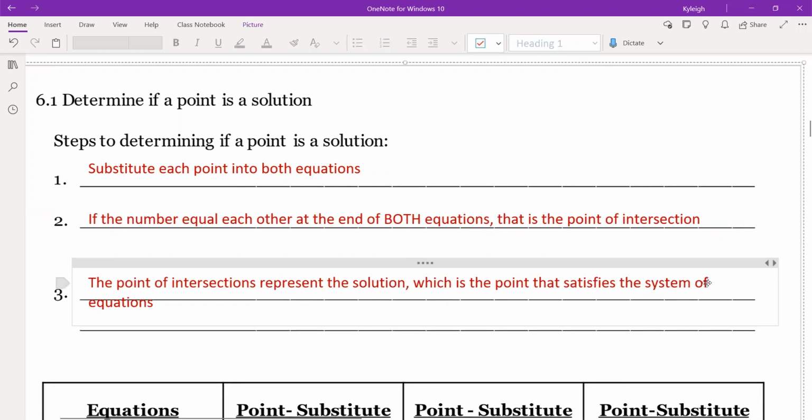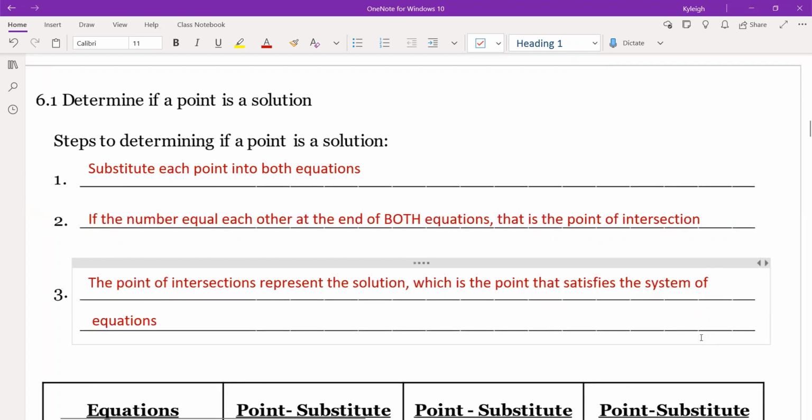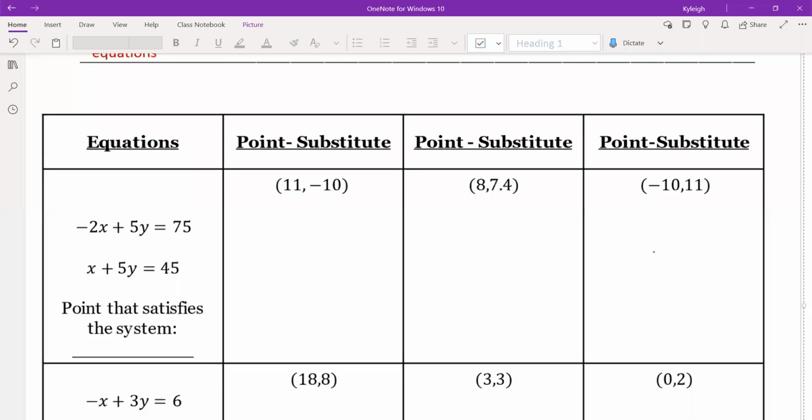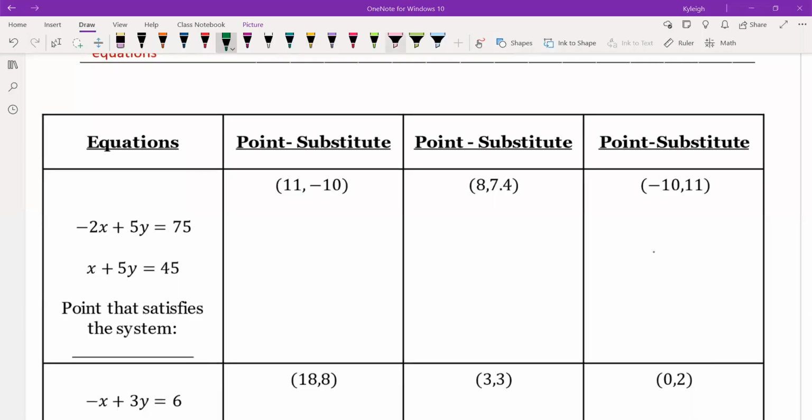All right. Okay, so there's some quick little definitions, but we're gonna keep on going and talk about what that means. So if you need to pause, do that now. A system of equations is just two different equations, okay? And we want to find the point of intersection where they both cross.